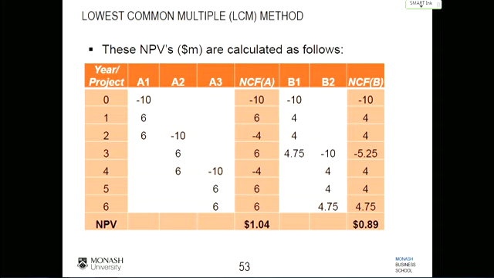Minus 10? 6, right? And here in year 2, there will be a $6 cash inflow, and a $10 cash outflow. So the net cash flow would be minus 4. Are you with me? So you can do this, and then you can work out the net cash flow for project A of 6 years.